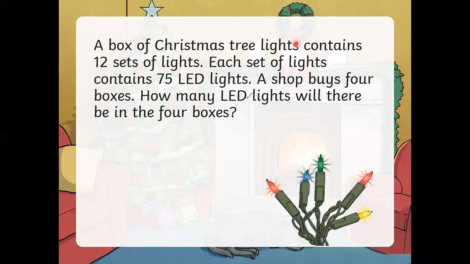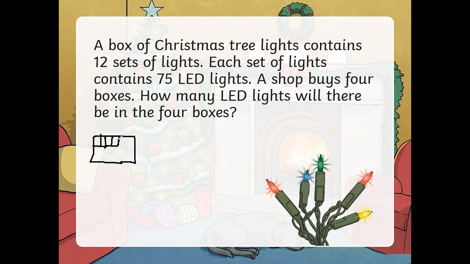Okay, so let's read through this again slowly. So each box has 12 sets of lights. These are sets, by the way. Just drawing a little picture to help visualize it.